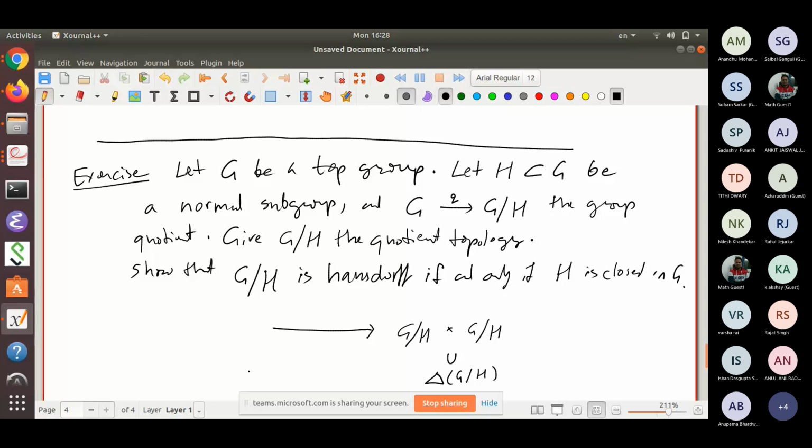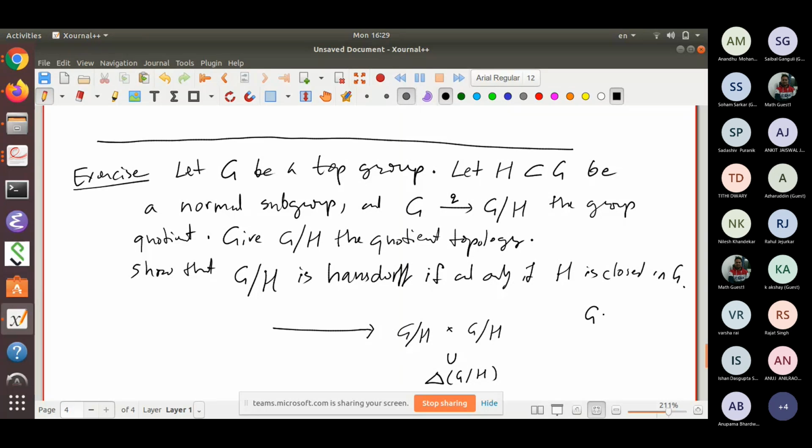I have given you a hint that you have to think of the closed subset, namely the diagonal of G mod H, and somehow leverage it into the thing that we want.